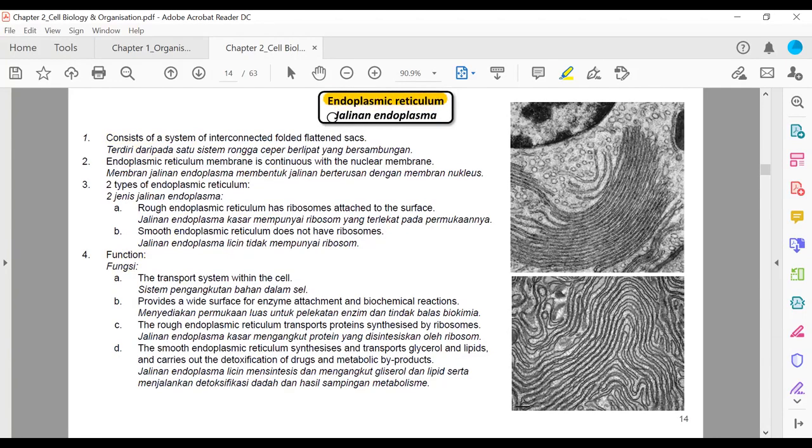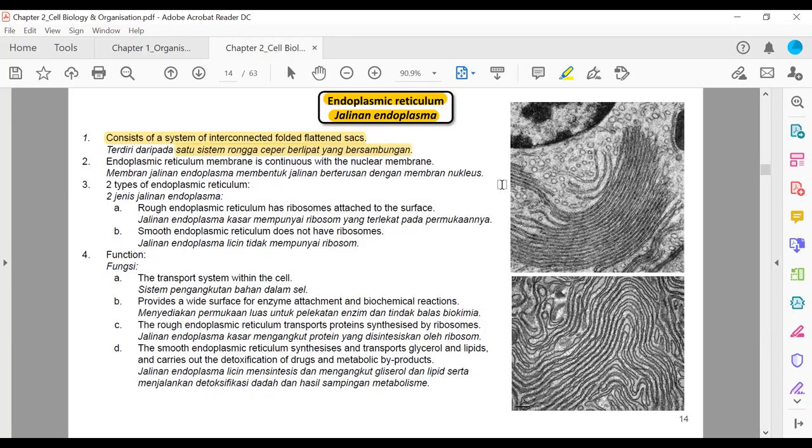Endoplasmic reticulum ataupun jalinan endoplasma. Endoplasmic reticulum. Alright? Consists of a system of interconnected folded flattened sac. Terdiri daripada satu sistem rongga ceper berlipat yang bersambungan.